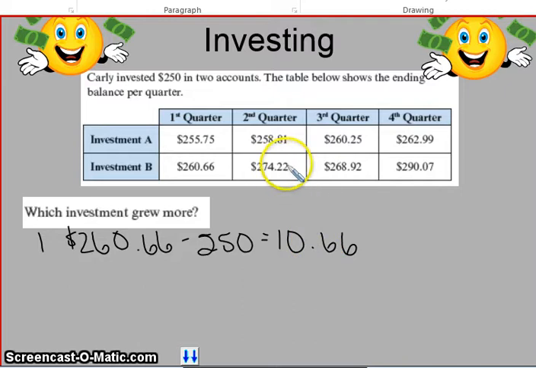To figure out our growth in the second quarter, we want to take the end balance for second quarter and subtract what we started with second quarter, which is the end of first quarter. So for second quarter, we're going to take our $274.22 that she ended up with and subtract the amount she started with in second quarter, which was $260.66.